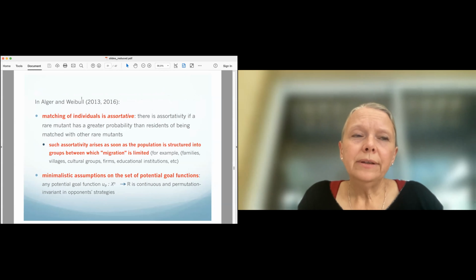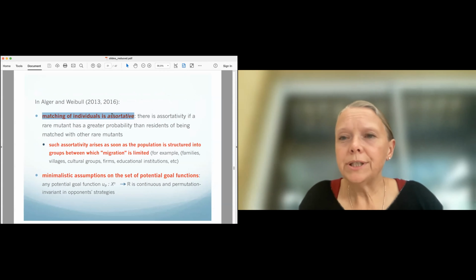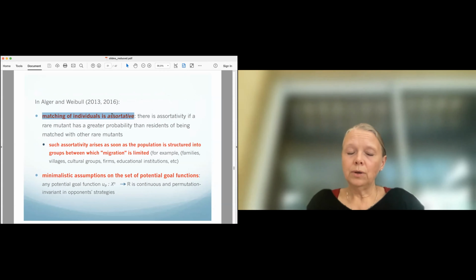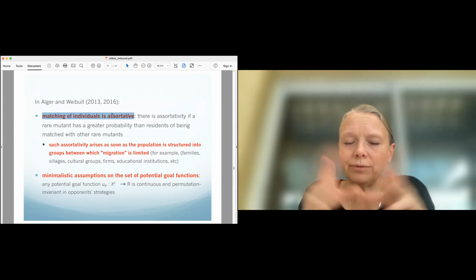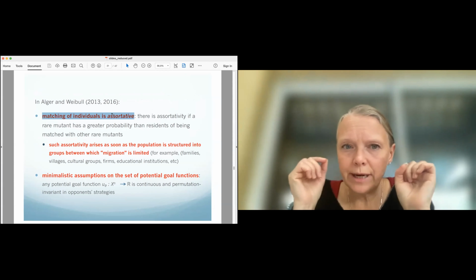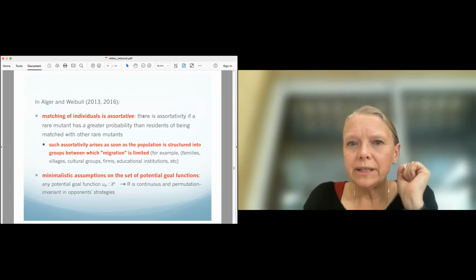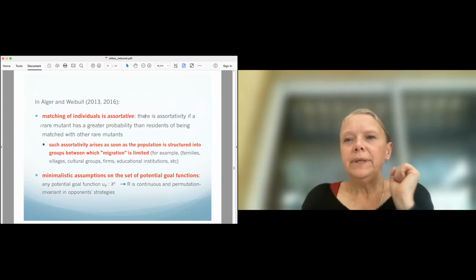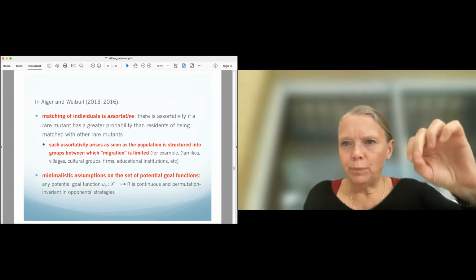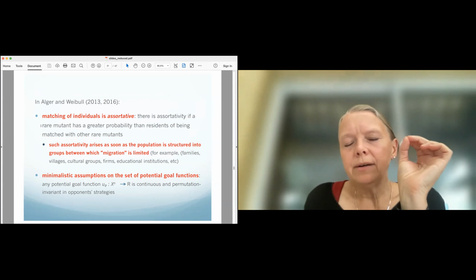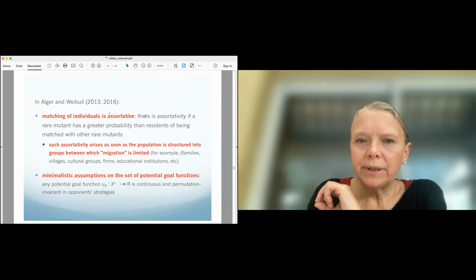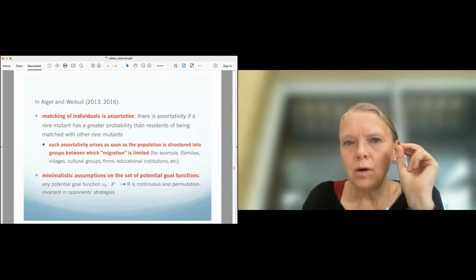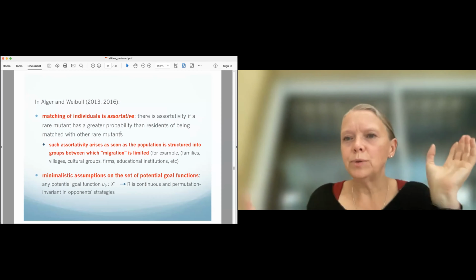So what we do in these 2 papers is that we also take something which is highly realistic in our evolutionary past, which is that matching of the individuals who interact is assortative. What do we mean by this? It means that a person who has the rare mutant utility function has a greater probability than residents of being matched with another rare mutant.